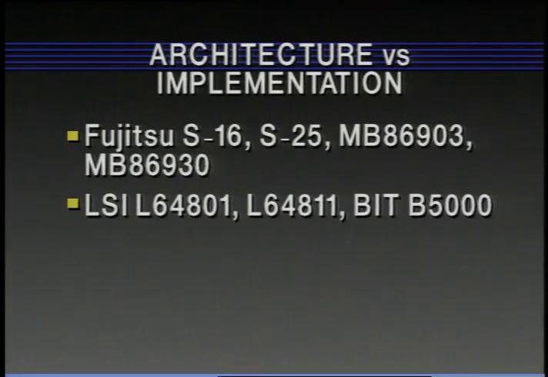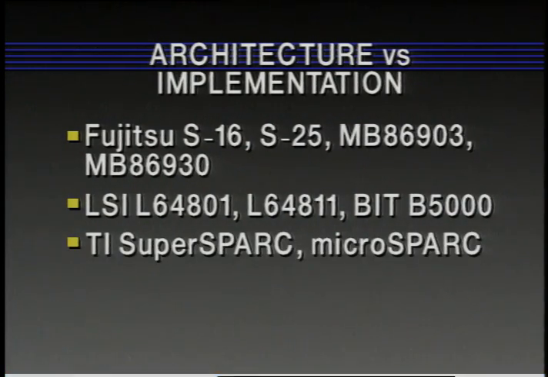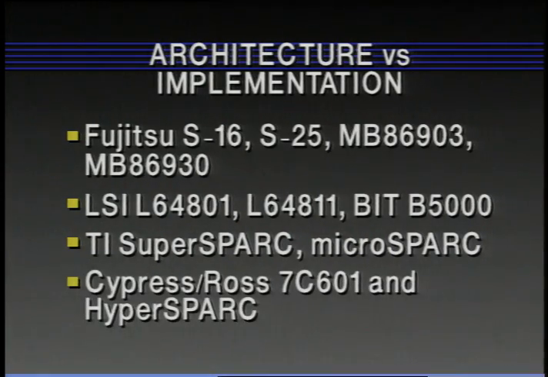LSI Logic has also made a series of different SPARC chips. There's an ECL, which is another word for bipolar transistor, chip made by Bipolar Integrated Technology, which is used by Cray Research in a SPARC supercomputer. More recently, Texas Instruments has introduced the SuperSPARC chip and MicroSPARC chip, and Cypress Semiconductor has introduced the HyperSPARC chip.